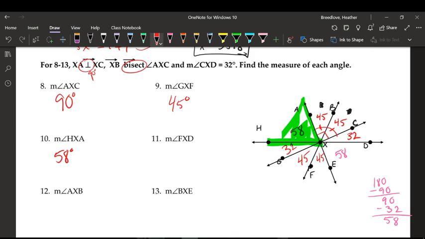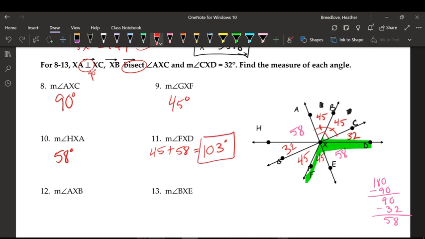And then angle FXD. F to X to D. Oh, I don't know this one yet. I have to figure it out. Which just means I need to add these two together, right? So 45 degrees plus 58 degrees is going to give me 103 degrees. Okay. Measure of angle AXB.